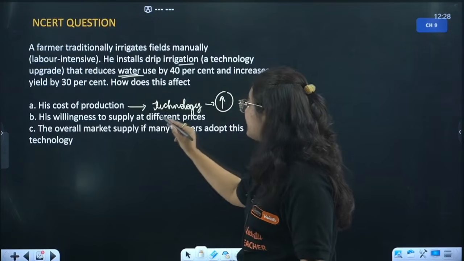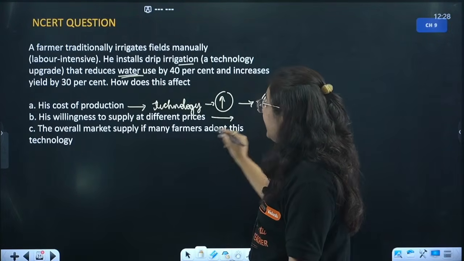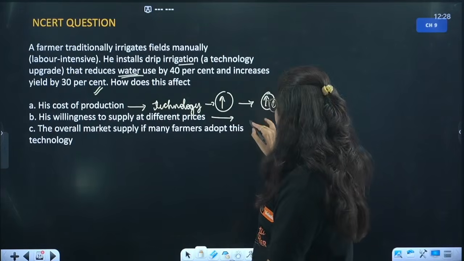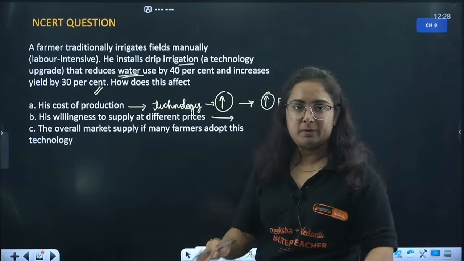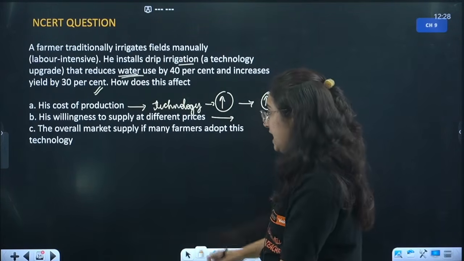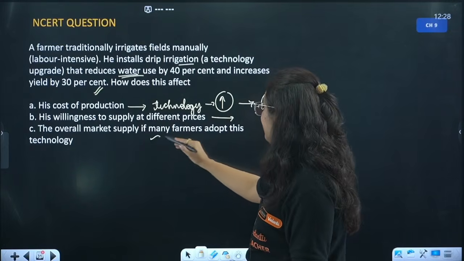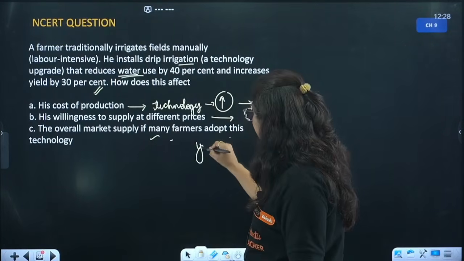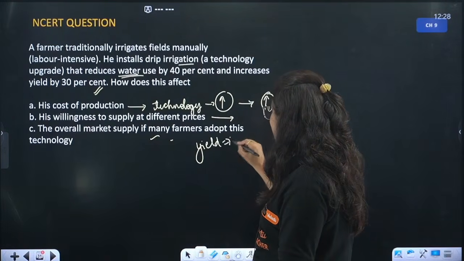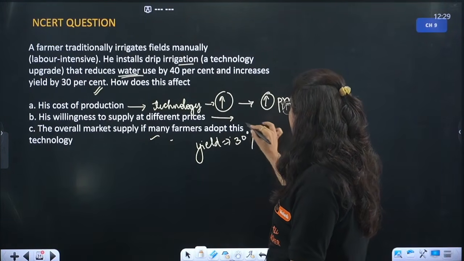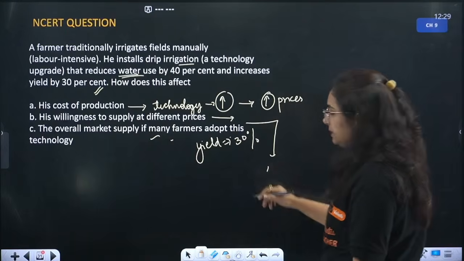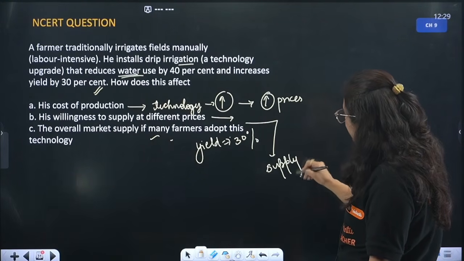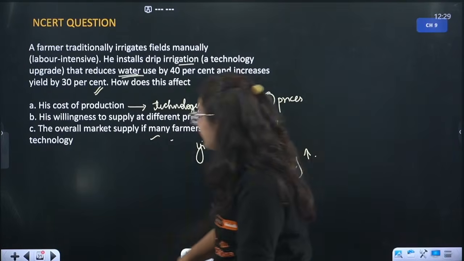His willingness to supply at different prices: when yield increases, right, he will supply not at different prices but at a good price. The overall market supply: if many farmers adopt this, if it can increase the yield of a single farmer by 30%, and if everyone applies that, what will happen? The overall supply, that means the market supply, will also increase.